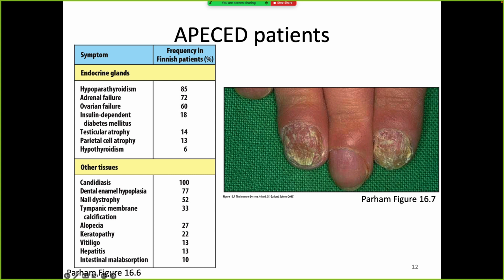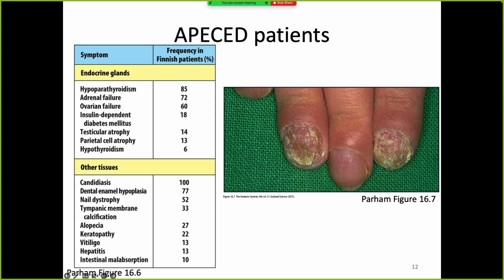But what you can see is that 85% of APSED patients in this one study had hypoparathyroidism, a thyroid autoimmune disease. 72% had adrenal failure. 60% of the women had ovarian failure. 18% had insulin-dependent diabetes. 14% of the men had testicular atrophy. 13% had parietal cell atrophy. 6% had hyperthyroidism.